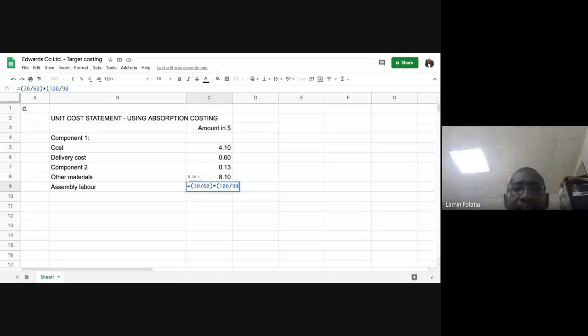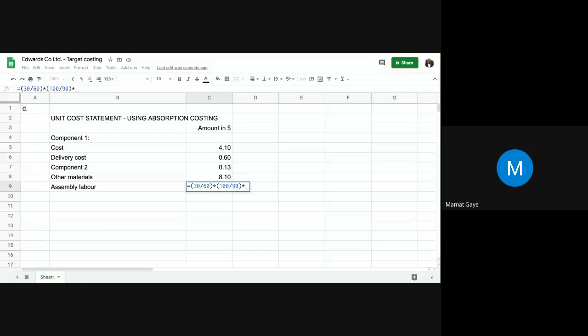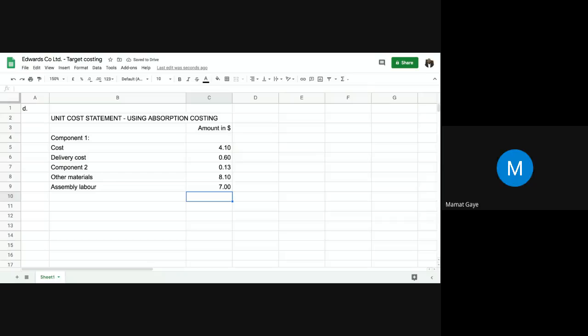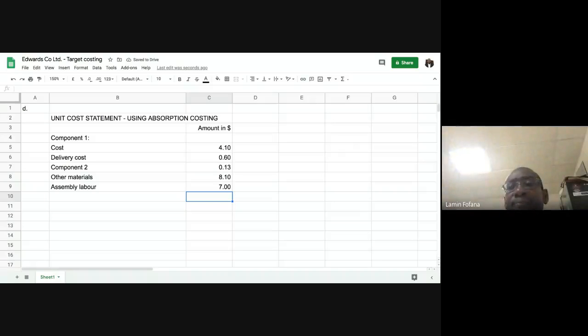Bracket closes. Multiplied by 12.06. If you want, you can put all that into a bracket. Then you enter, and you have your assembly labour.